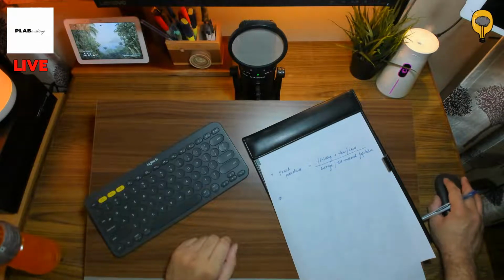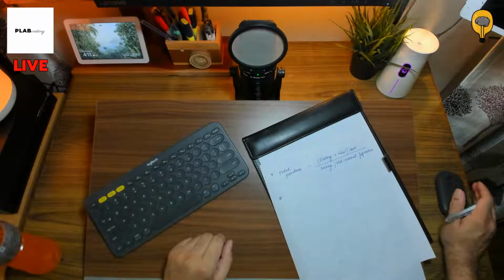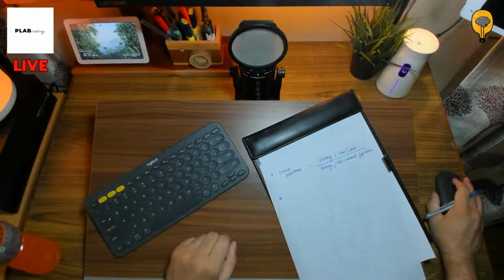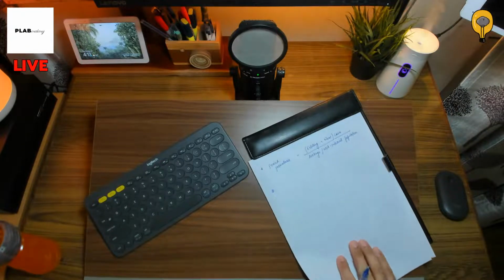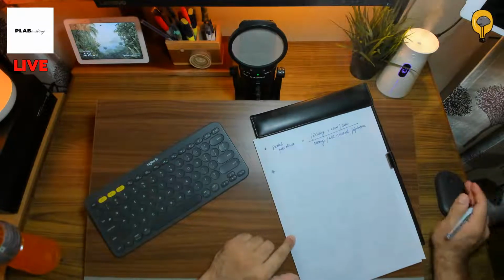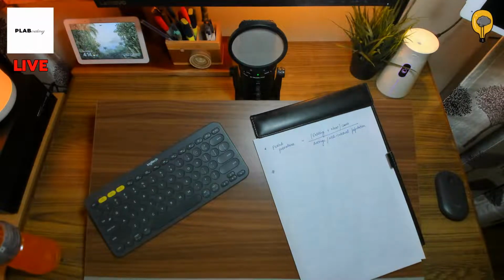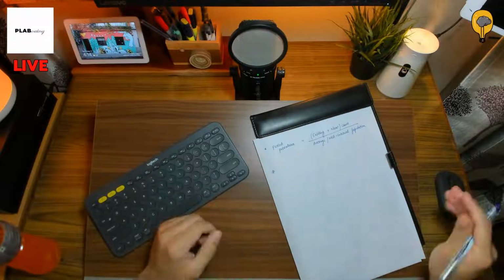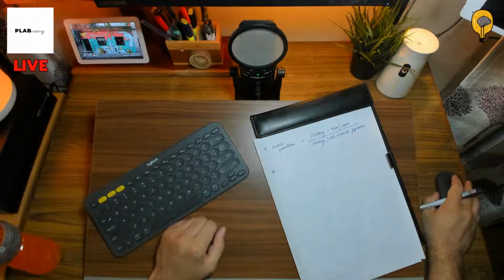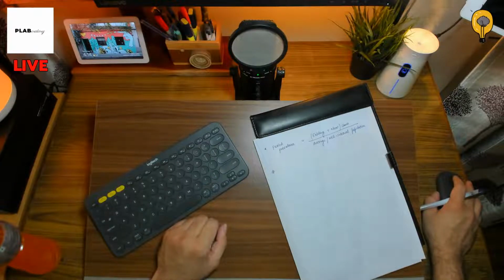Okay, let's move on to the next one. Now, a study has been conducted which showed that 29 post-MI patients needed to be treated with aspirin to prevent one myocardial infarction.